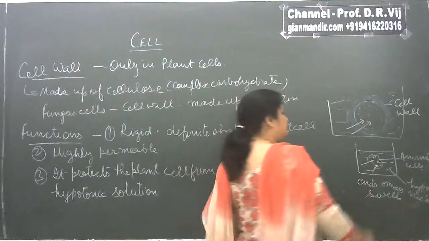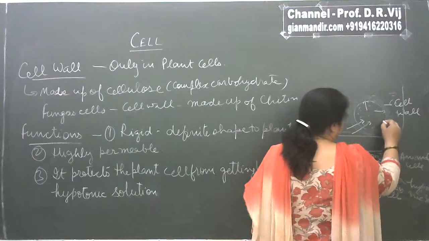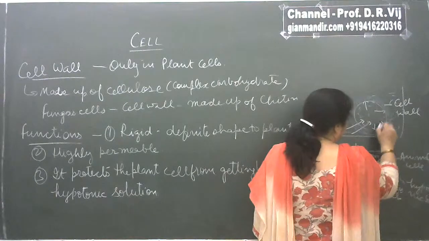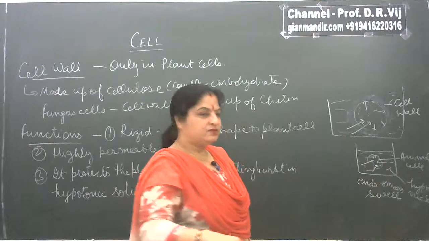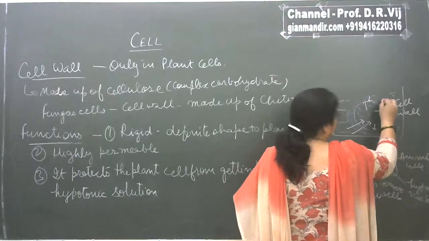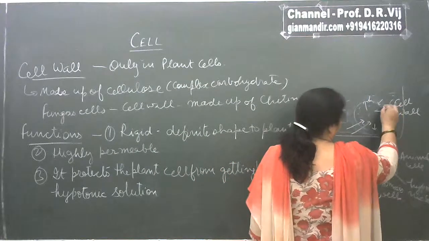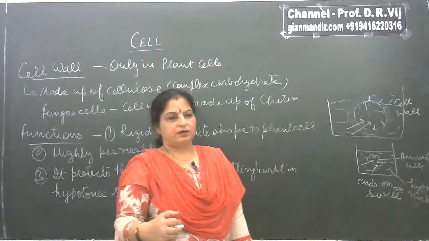Now this water will exert a pressure on the cell wall and membrane from inside to outside. At the same time, the cell wall exerts an equal pressure on the cell membrane from outside to inside, right?